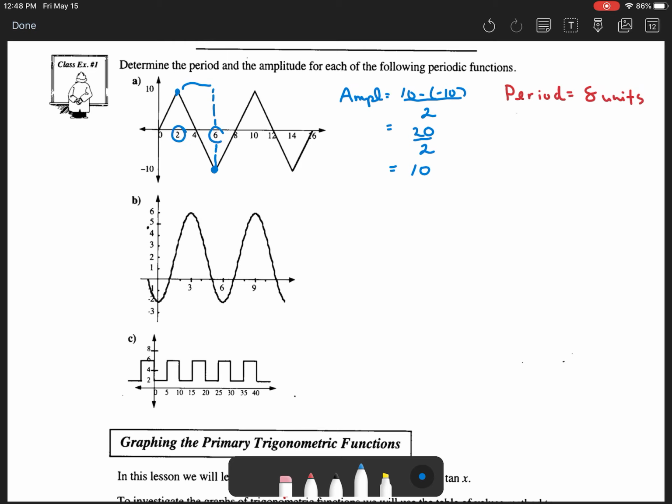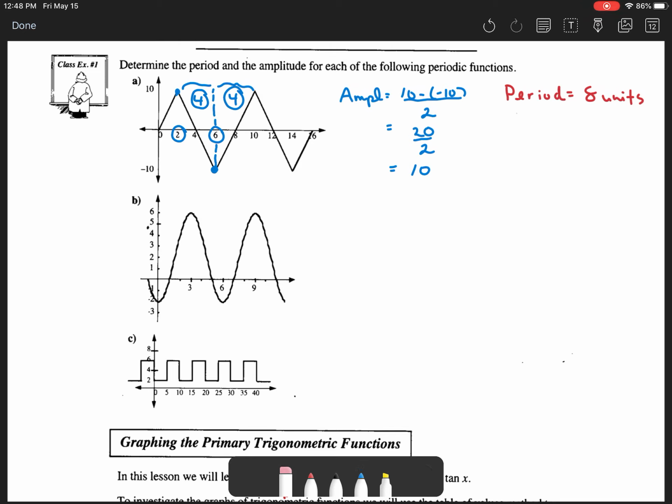So I'm going 2 to 6, which is 4. Well, that's half of the period length. Because then I know from here to here would be another 4, and 4 and 4 is 8. So if you can see from a max to a max or a min to a min, that's great. That's your full period length.